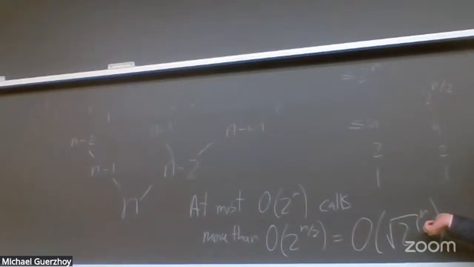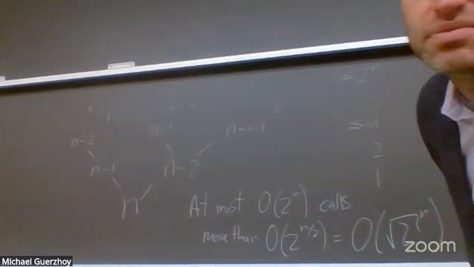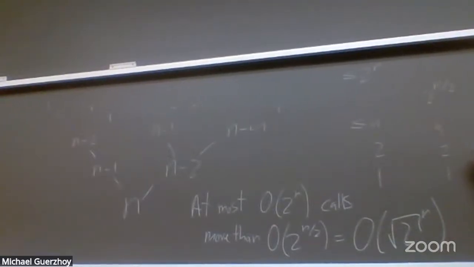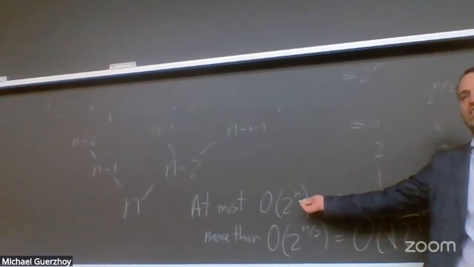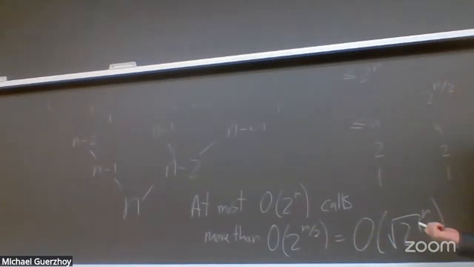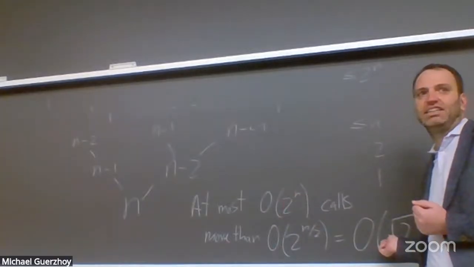It's not the complexity for this, because there are more calls than that. And there is at most this many, but actually less. So one estimate you can give is that it's somewhere between this and this.